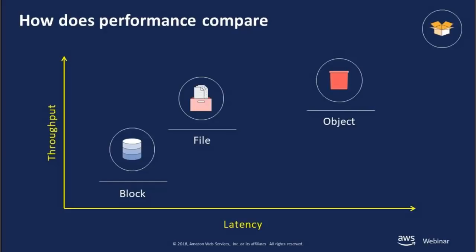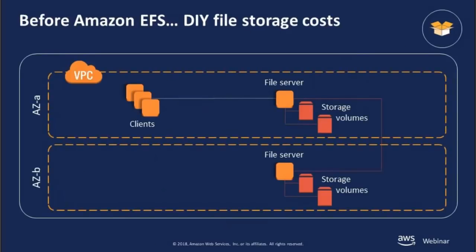So really depending on what your needs are and your use case, file data may satisfy some of these requirements. And it's definitely important when you're looking at a workload that needs to share data across multiple clients.